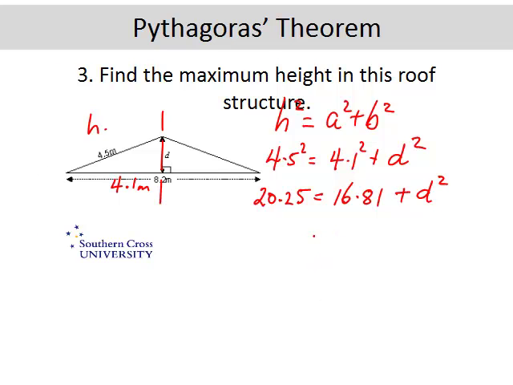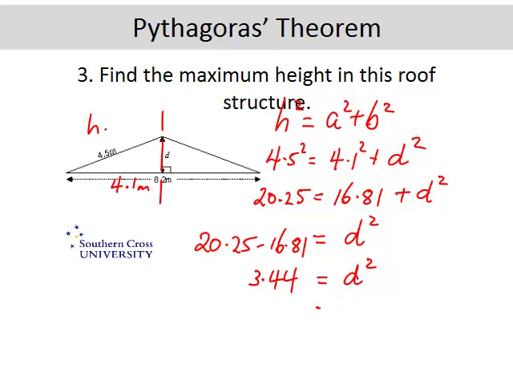Now, to get d squared on its own, we need to subtract 16.81 from both sides. So that means that d squared must be equal to, doing that subtraction, 3.44.